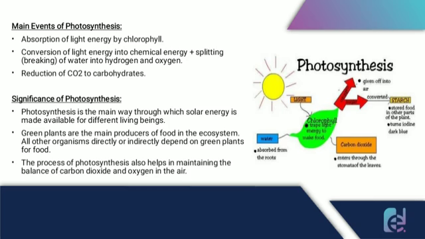Light energy is converted into chemical energy, and the water molecule is broken down into hydrogen and oxygen. So the oxygen is given off into the air, and the glucose, that is the sugar, is converted into starch, which is stored in the form of starch.